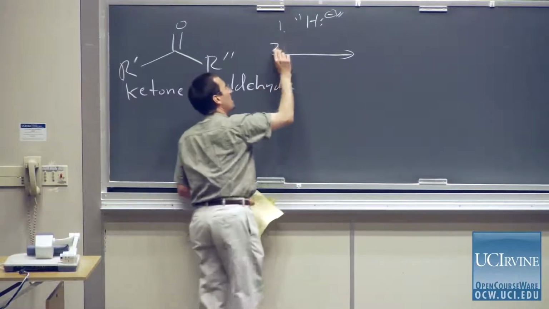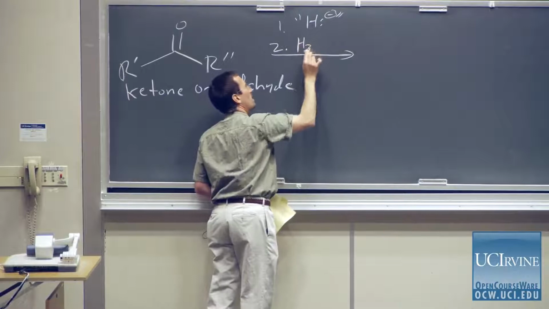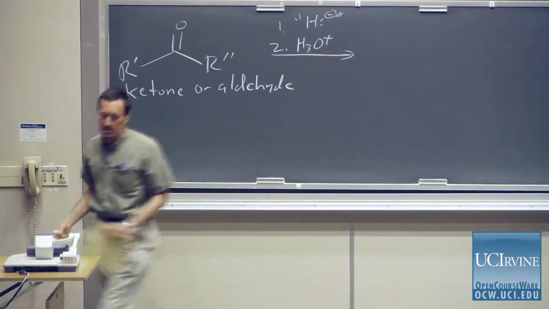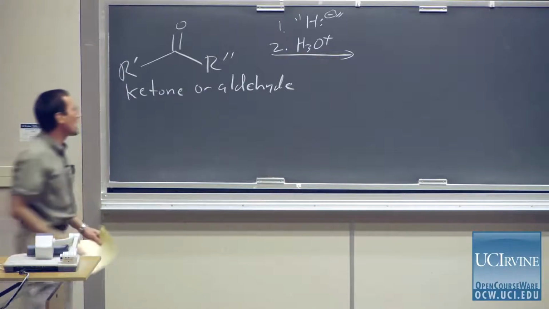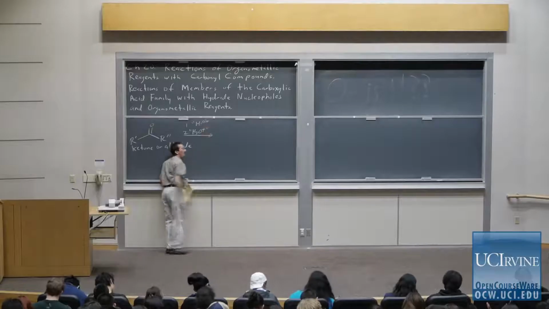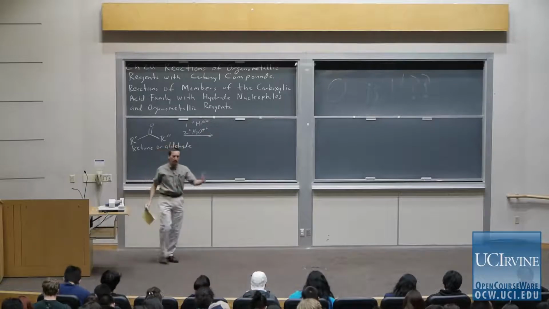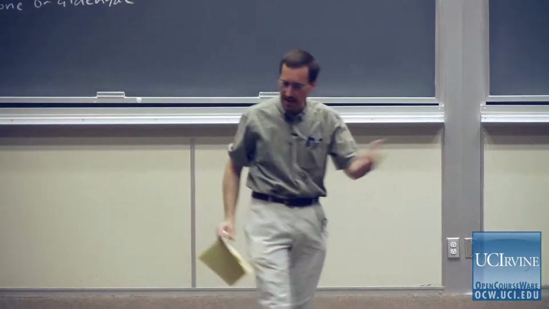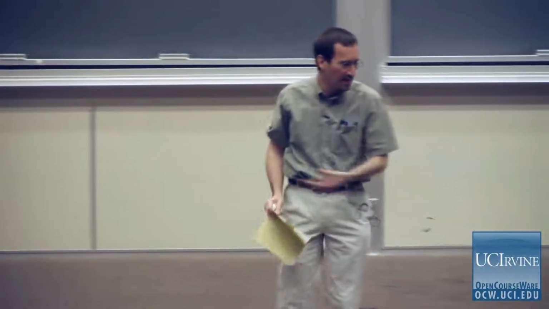And then if we carry out a workup with aqueous acid, H3O+, or in some cases you can use water. And again, I'll put this in quotes because you can't go and buy a bottle of H3O+. You could take sulfuric acid and pour it into water to make hydronium ion and bisulfate ion.